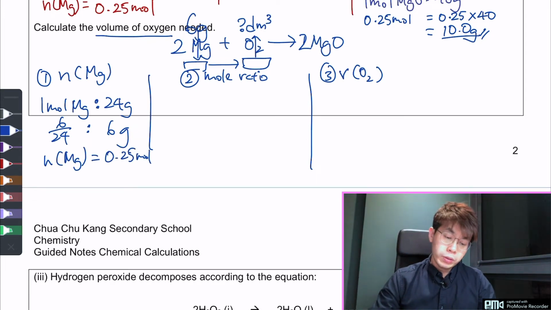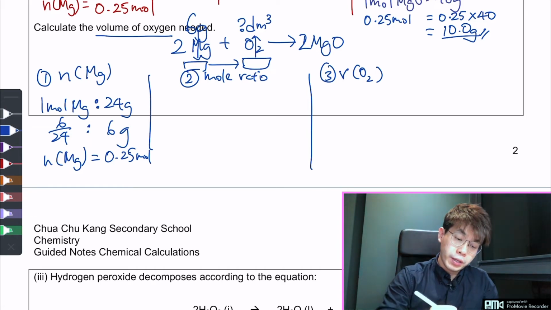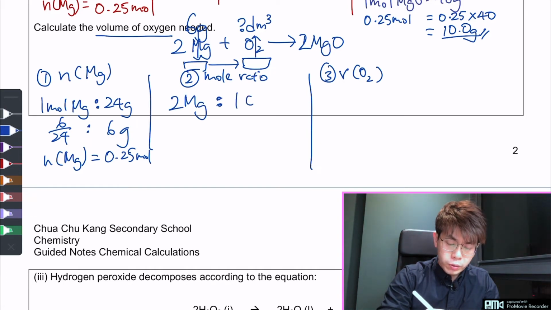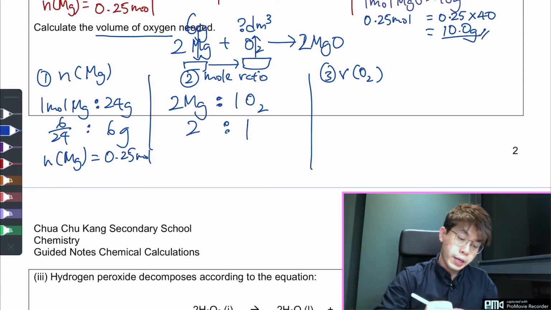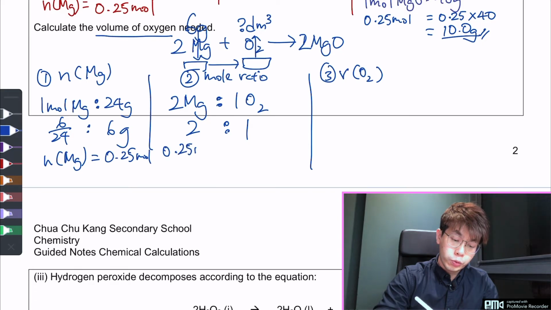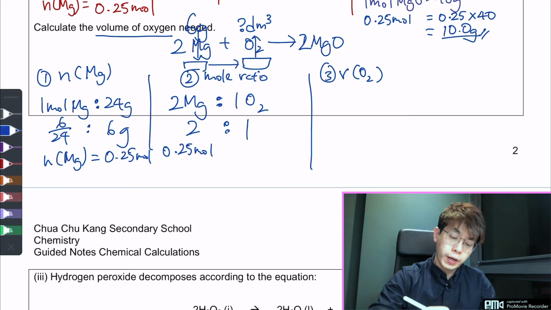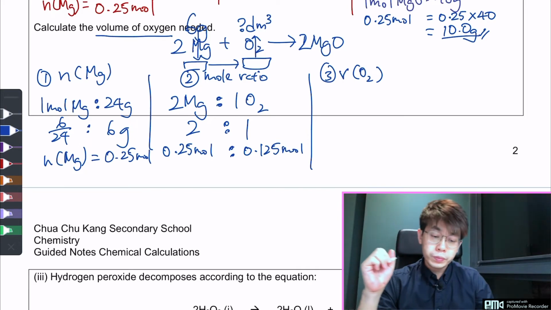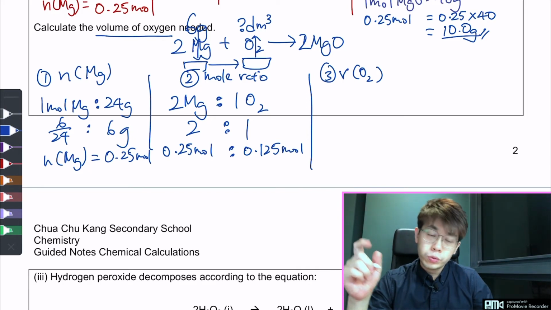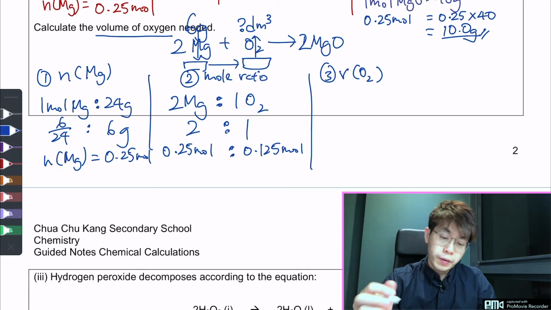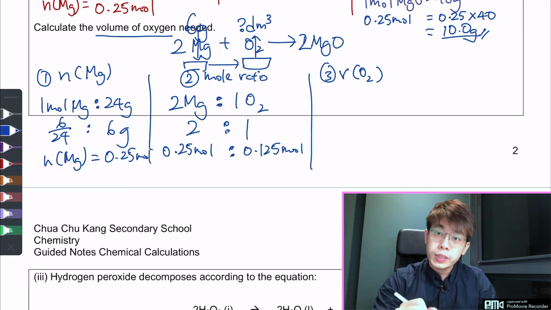Now this is slightly different. If I look at the mole ratio, I have 2 Mg is to 1 O2, so the ratio is 2 is to 1. I calculated that I have 0.25 moles of Mg. So if it's 2 is to 1, then 0.25 gives 0.125 mole. Now I know that I have 0.125 mole of oxygen, and I know that oxygen is a gas.